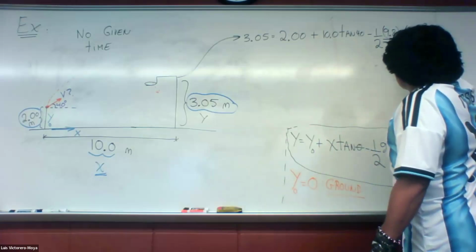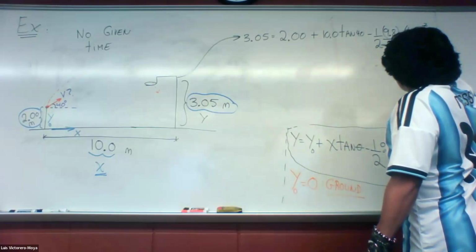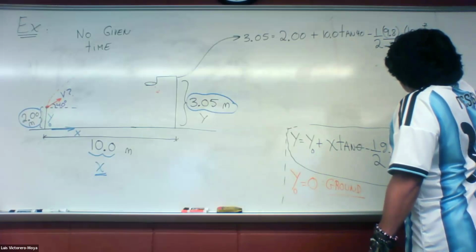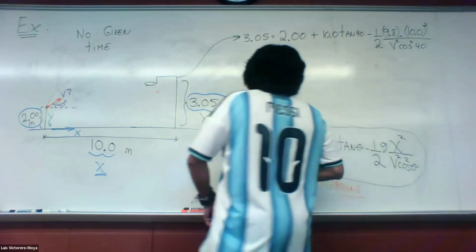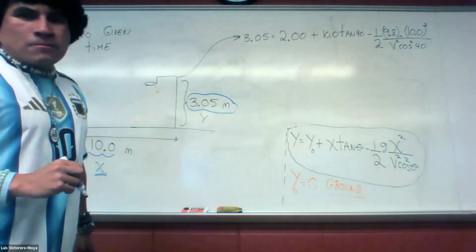You want v, so that's the variable, cosine square of 40. That's what you want to solve.